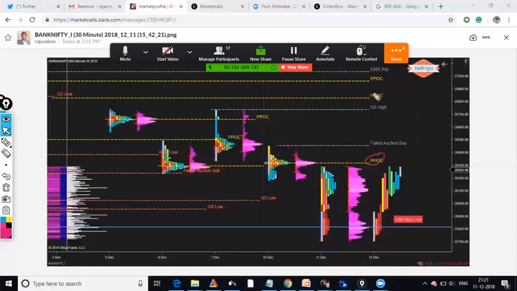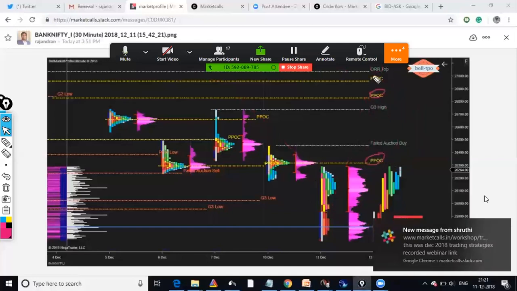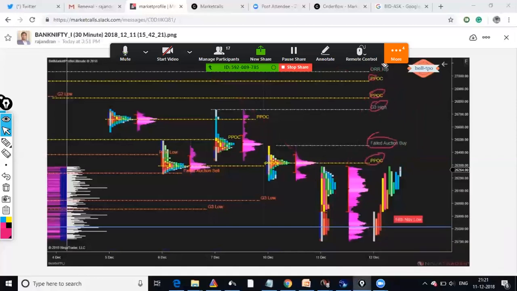One prominent point of control, two prominent points of control, three prominent points of control, and one G3 high, one failed auction high, and ORR top. In fact, all are saying that all are short-term players, right? So most likely they are going to get taken out in a week or so, right? So that's what I'm expecting in 5 or 6 trading sessions. We should be at 27,000 plus.